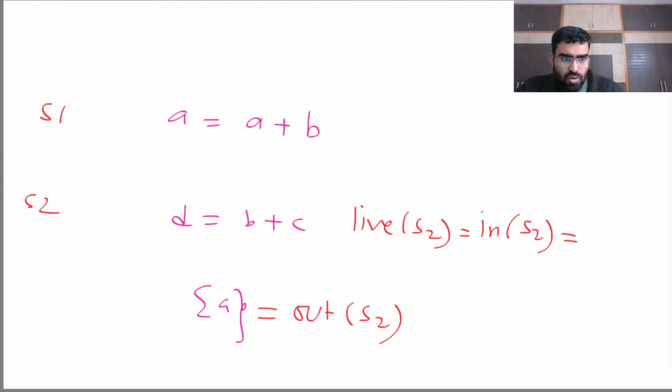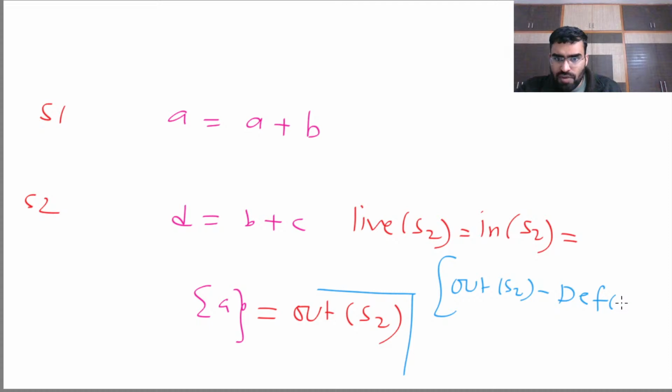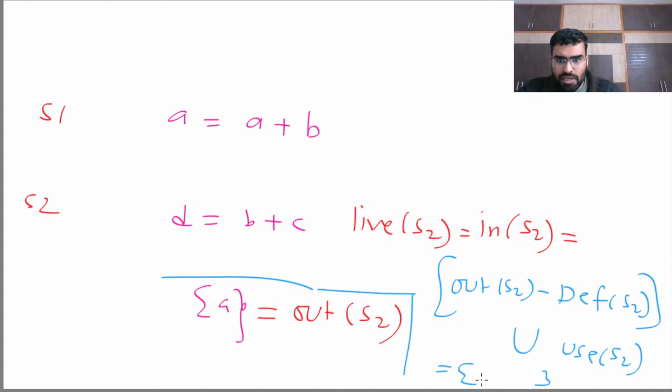What is the formula? You can apply the formula. In of S2 is out of S2 minus the variables defined at S2, union the variables used at S2. Finally, what do we get?